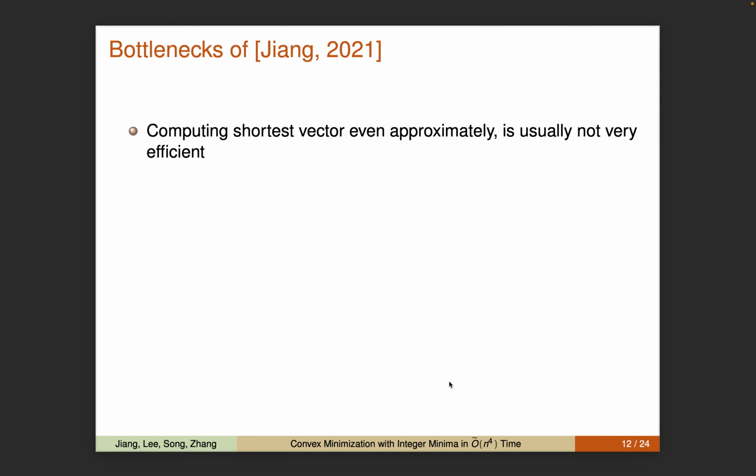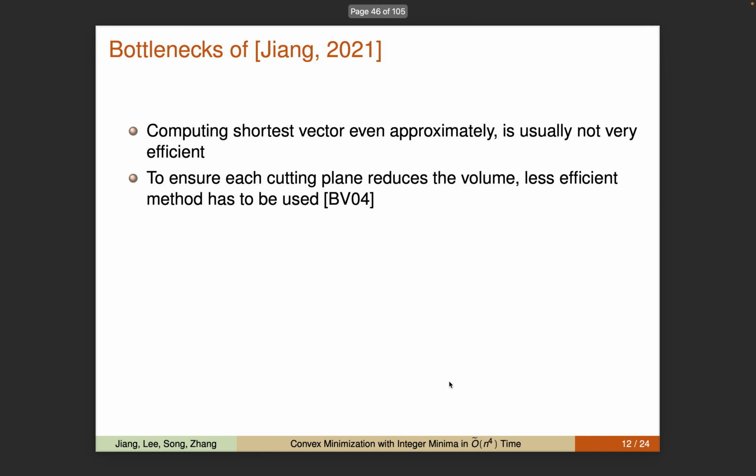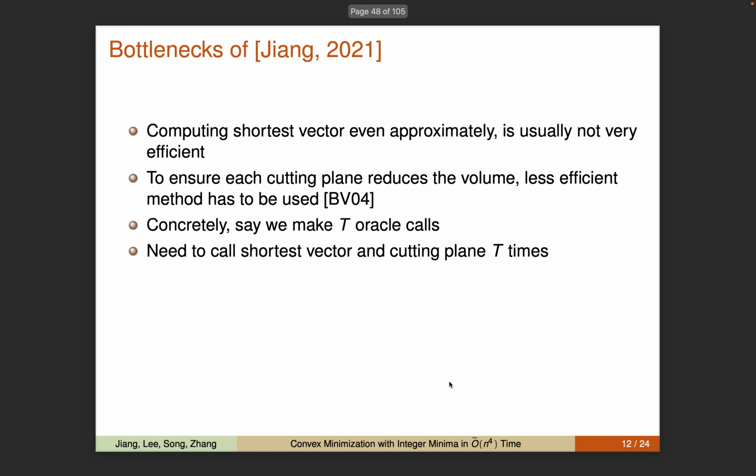From a computational perspective, there are several bottlenecks of his algorithm. For example, computing the shortest vector approximately is very costly. And to ensure each of his cutting plane steps guarantees reduced volume, he utilizes a less efficient cutting plane method due to Bertsimas and Vempala. To make it more concrete, say we make T oracle calls.